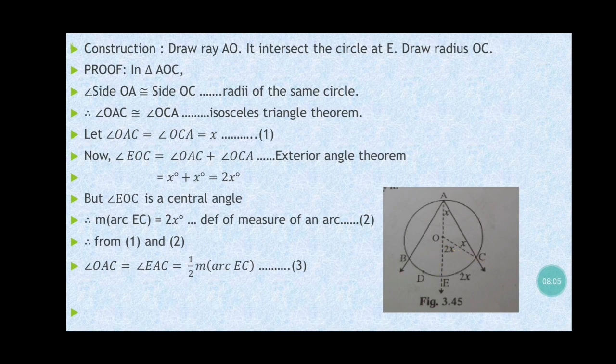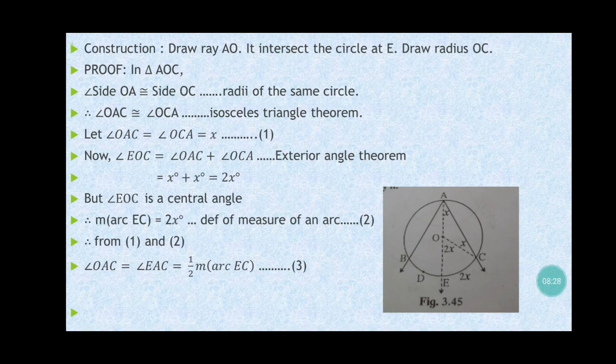It is equal to 2x. It is the central angle. Okay, so what will be the measure of arc EC? Measure of arc EC will be equal to 2x. Okay. Now what will be x then? Measure of angle X will be equal to half of the measure of arc EC.